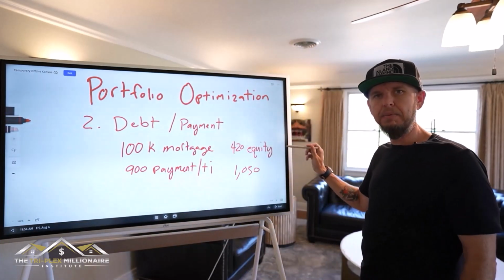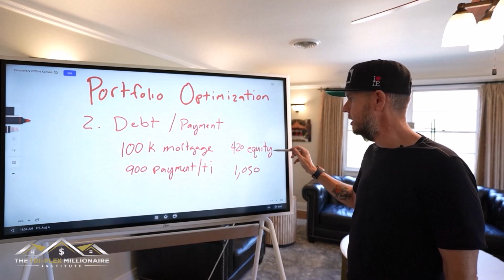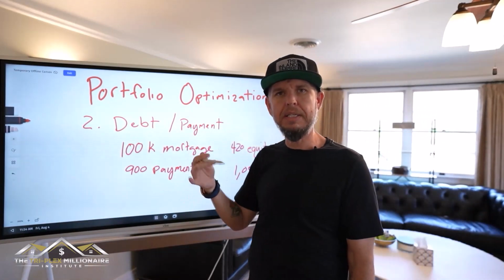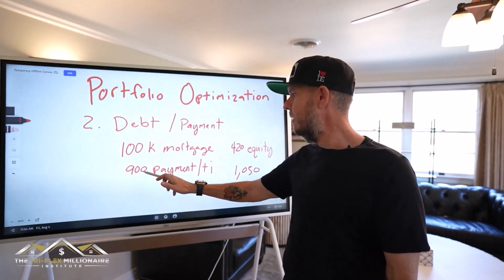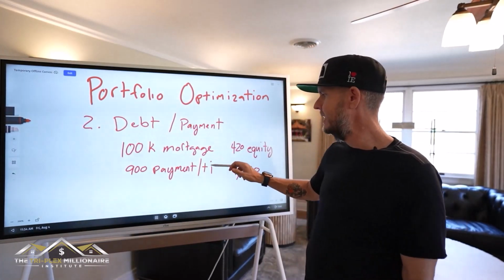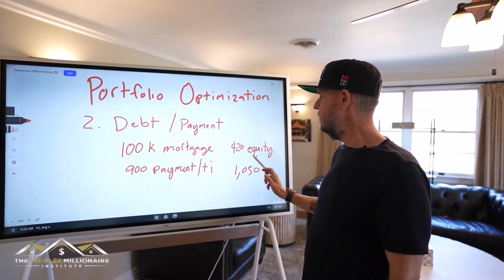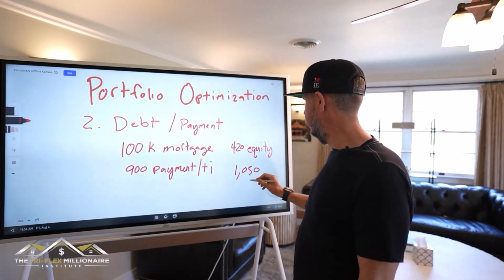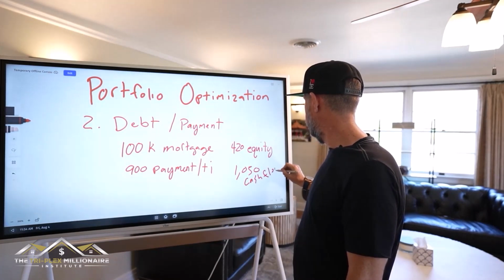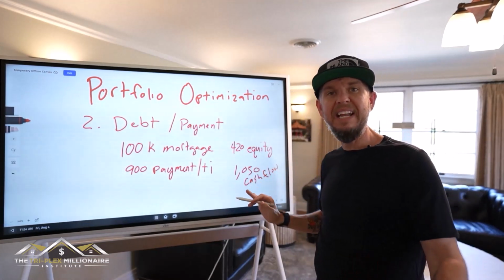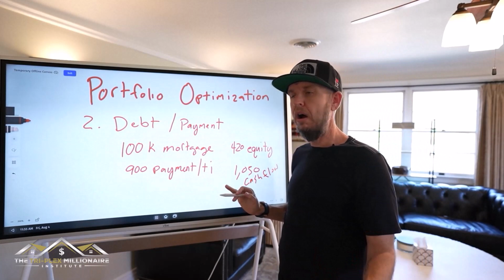That means we have about $420,000 in equity after cost to sell. Then we've got a payment on this property of $900, and after taxes and insurance, that ends up being a cash flow of about $1,050 a month on this property.